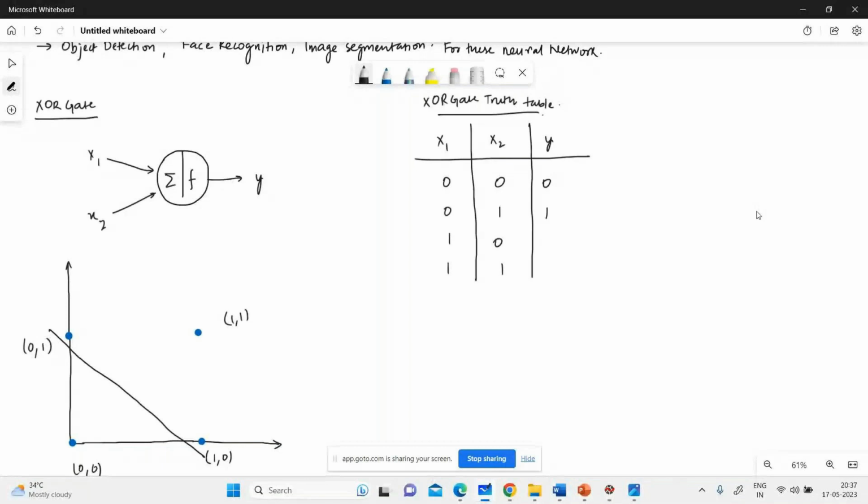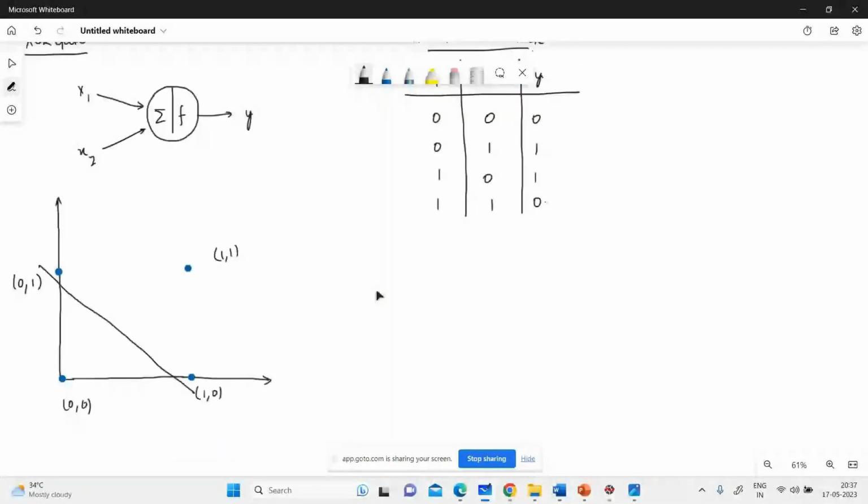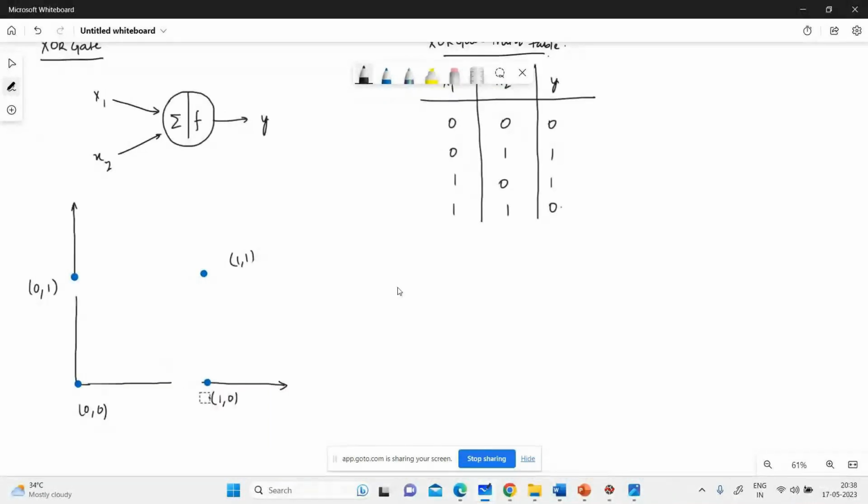So if that is the case, what will happen here? Will I be able to draw a single decision boundary which will be able to classify them? The problem is that with one single decision boundary, if I make it like this, that means these should be 1 and these should be 0, not matching. If I draw like this, it becomes an AND gate because these are all 0, these are all 1 above.